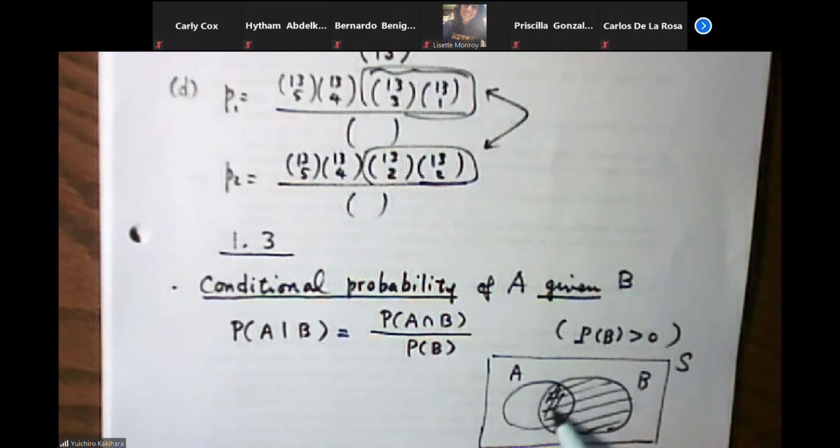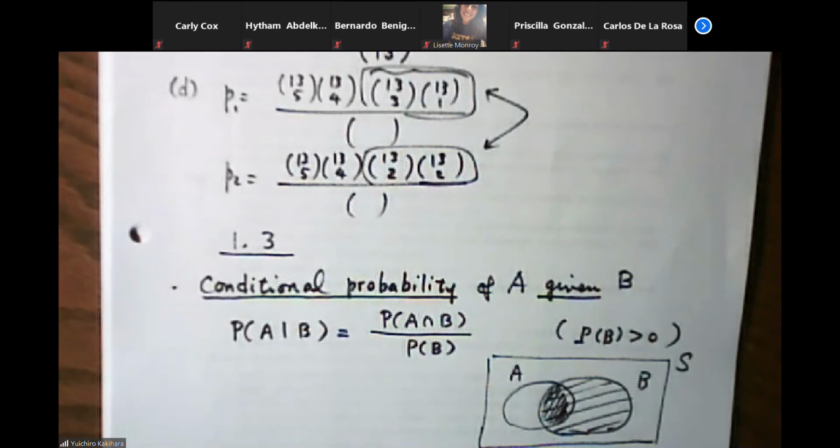A intersection B is this portion, the part of A that is within B. B is now playing the role of the sample space S. B is the whole world, and then A is which part? This part. So this probability divided by the probability of B gives you the conditional probability. B is the whole world, and A is how much part of that. That is a conditional probability.